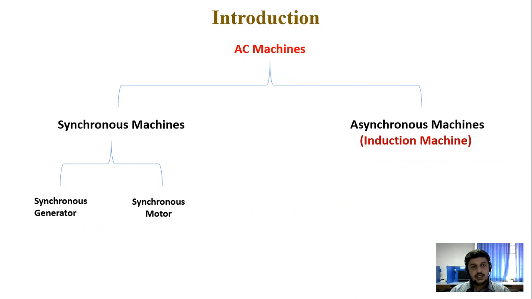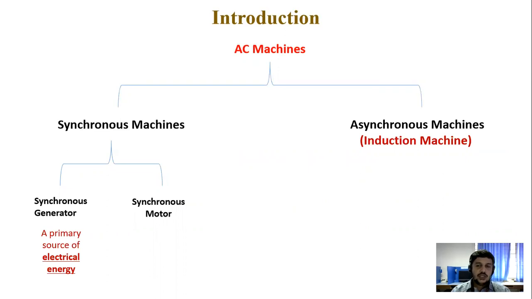When we provide mechanical energy as an input to the machine, and we obtain electrical energy as output, then that machine is a generator. Whereas if we provide electrical energy as an input and obtain mechanical energy as an output, then that operating mode is the motoring mode. So depending upon this mode of operation, synchronous machines are classified into synchronous generator and synchronous motor.